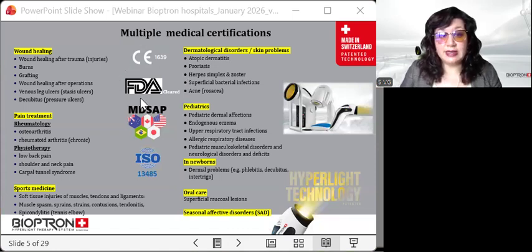But we also have the FDA clearance for the United States, our MDSAP certificate for the United States and Canada for pain management, and, of course, we are compliant with ISO 13485. Those are real, internationally known proofs, the regulatory definitive proof that Bioptron devices are medically certified devices. And this is a very strong argument that you need to use with these healthcare professionals.